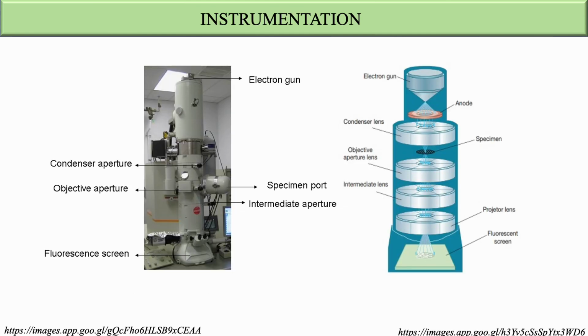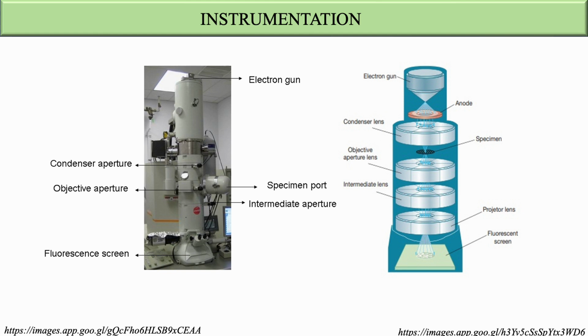In the instrumentation, there is an electron gun on the top, which is the source of the electron beam. This electron beam gets accelerated towards the anode and is then made to fall on the condenser lens, where the size and angular spread of the electron beam are controlled.